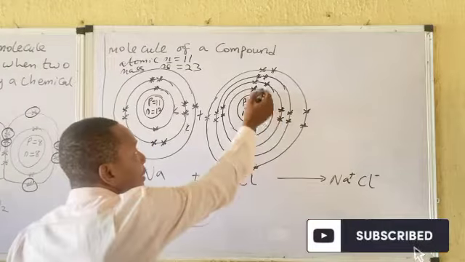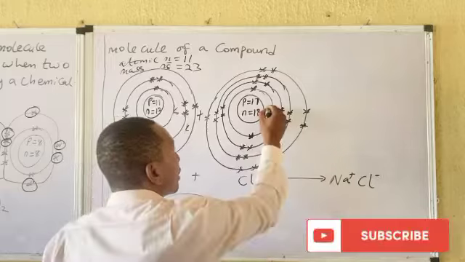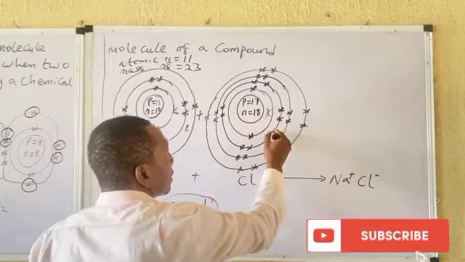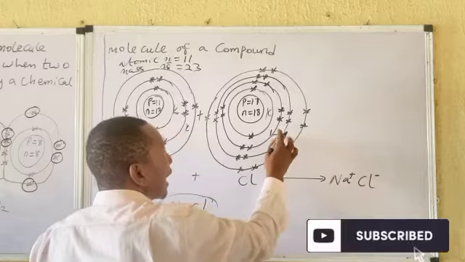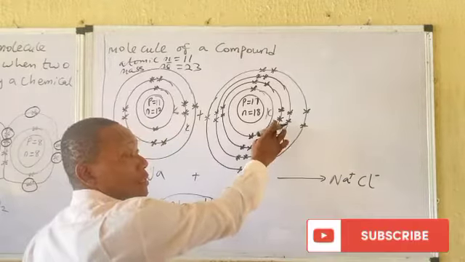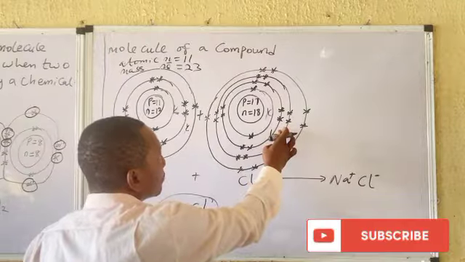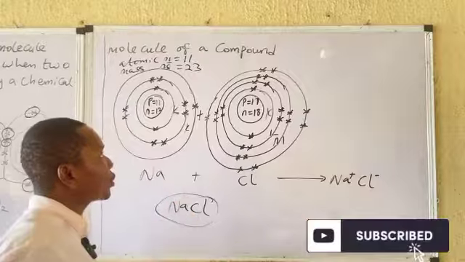The first shell will take 2, which is the K shell. The second shell will take 8. The third shell will take another 8. So 2 plus 8 is 10, plus 8 is 18. So this is actually wrong.